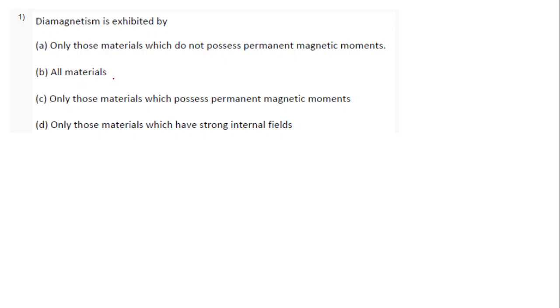As I said, it is only that they are not able to show themselves, or we don't see it because the strength is very small when another kind of magnetism is there, but otherwise diamagnetism is there in all the materials. So B is the correct option.